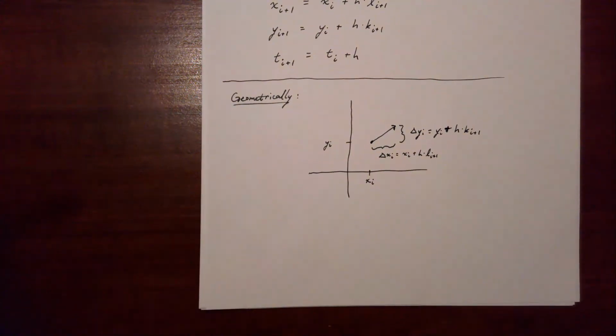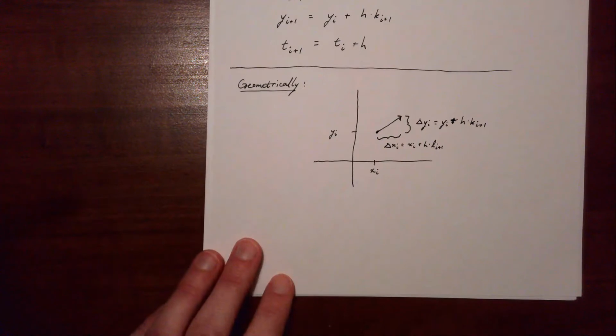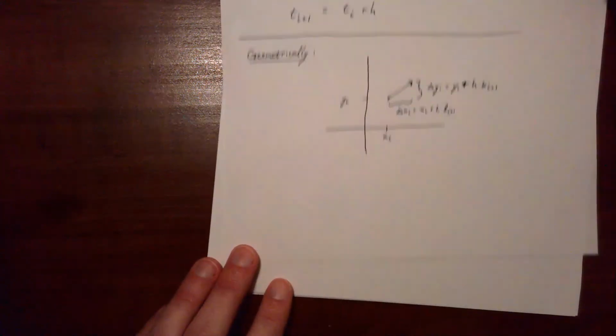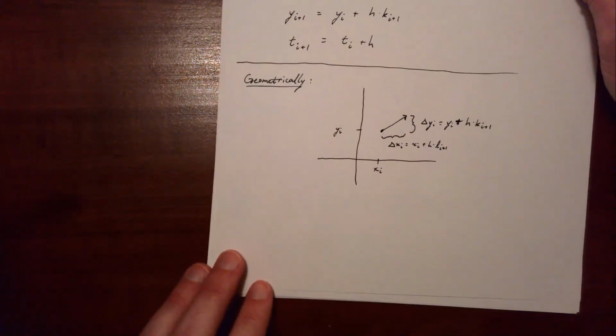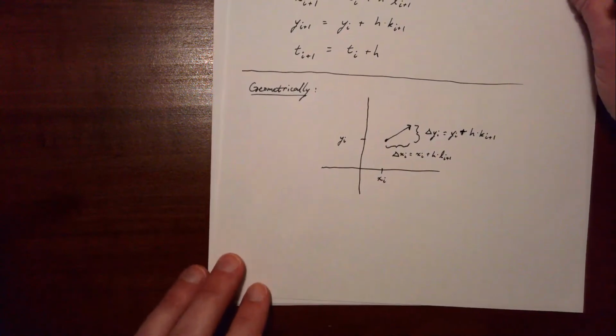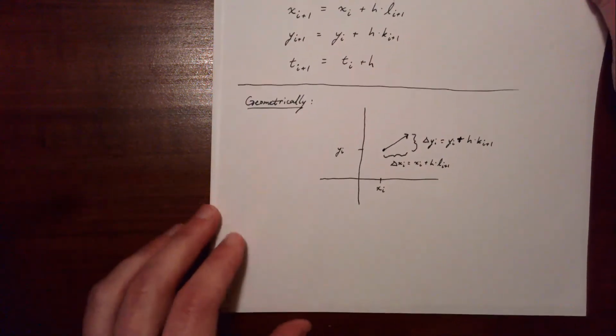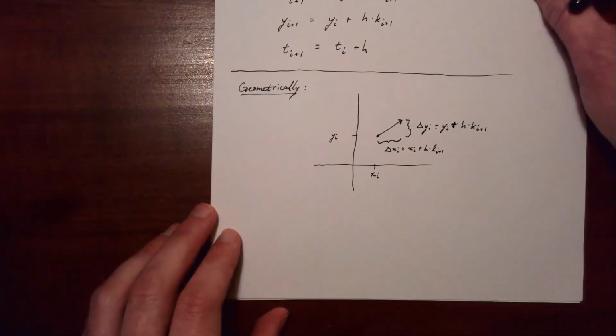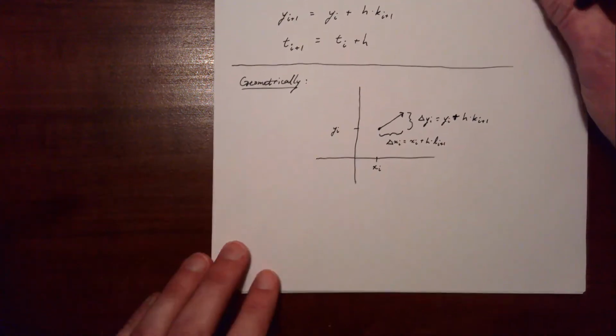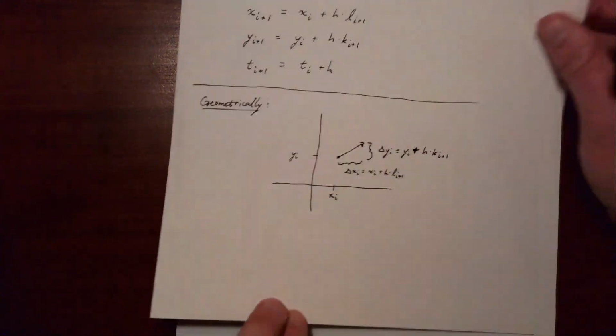Let's try this with a very simple example, because like I said, this is a rather ungainly system to do by hand, but we'll try it with something simple to start with, and then we'll see how we can get technology to help us out.